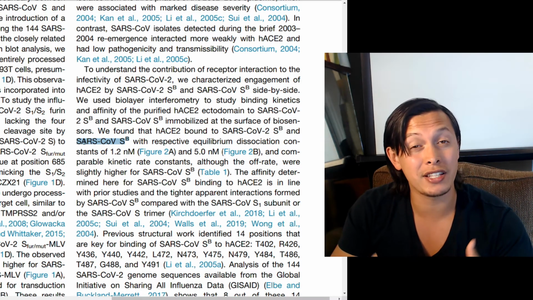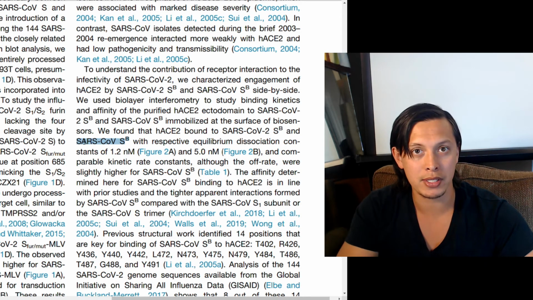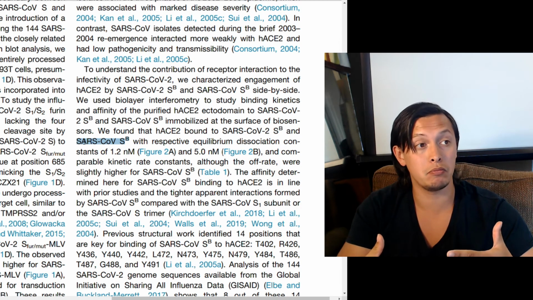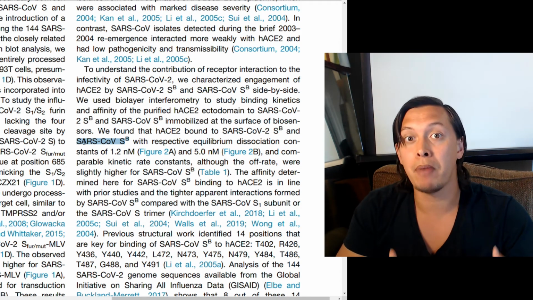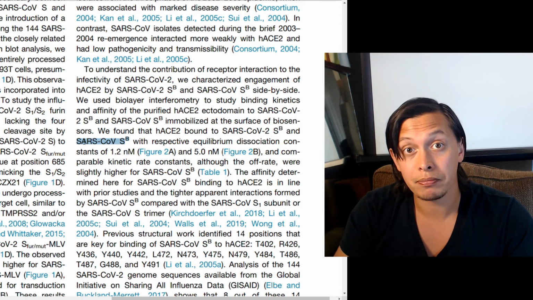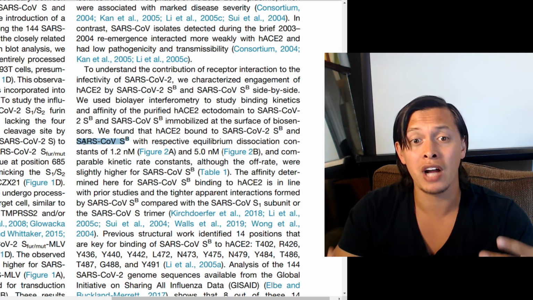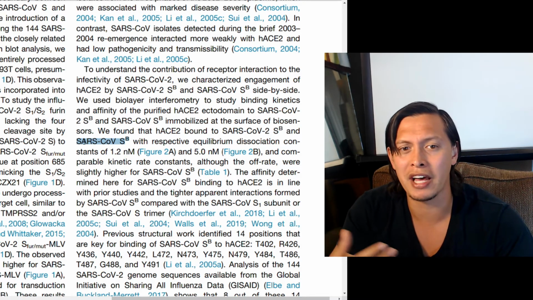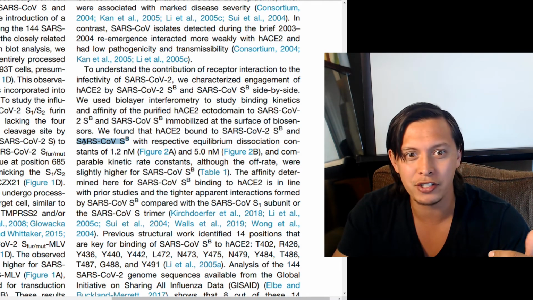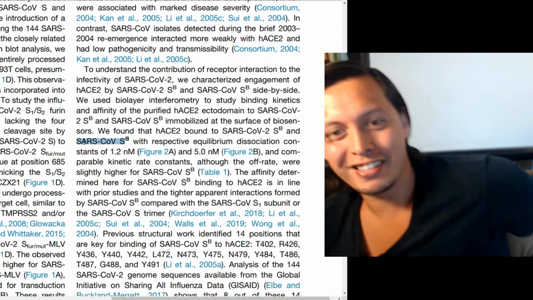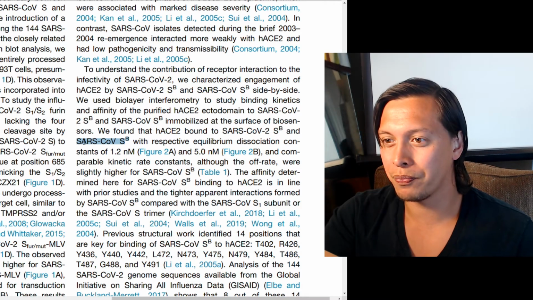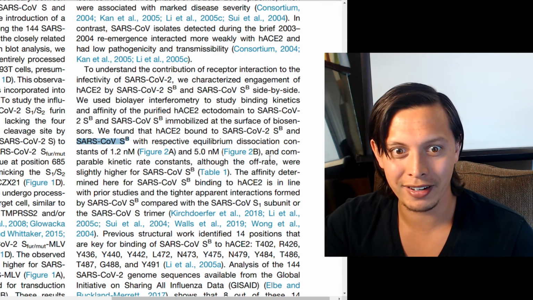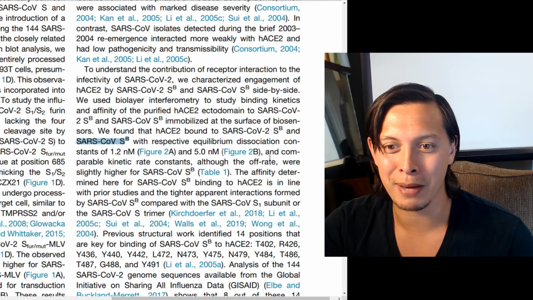So that's telling you that the new coronavirus spike protein is significantly better at binding the ACE2 receptor. Now here they say that they're comparable, but comparable, you can compare anything, right? So they're comparable in that they're within the same order of magnitude, I guess, but I guess they're trying not to be too dramatic in their paper.